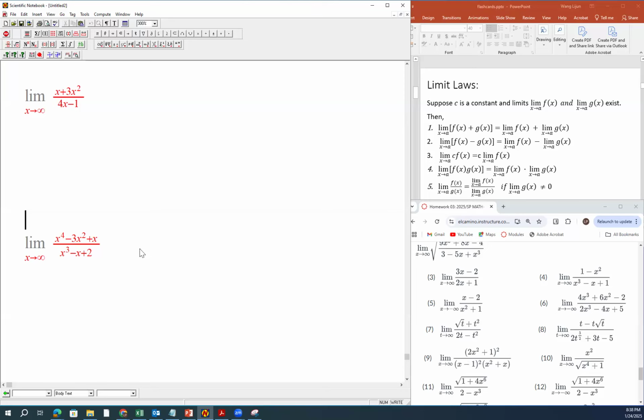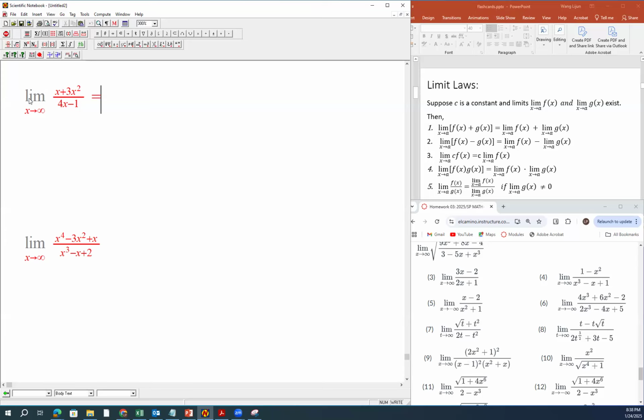The only difference here is that this is power 2, this is power 1. And we know the top approaches infinity, the bottom approaches infinity, the arguments are the same. We cannot apply limit law. And we also cannot argue that infinity over infinity is going to be infinity or 1 or 0. So we apply the same technique.